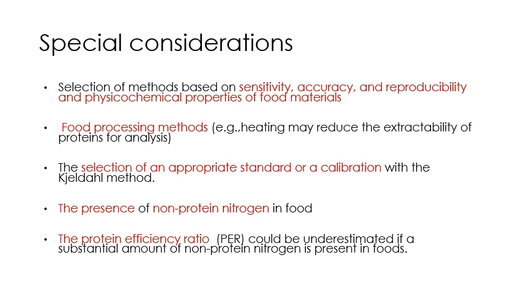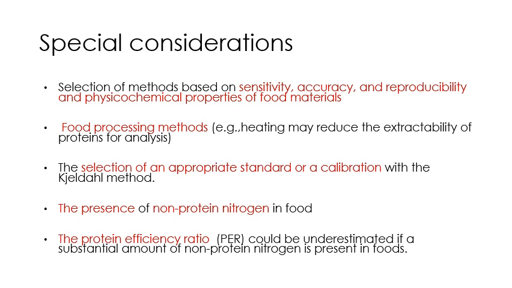There are also some special considerations when it comes to protein analysis. The selection of methods should be based on sensitivity, accuracy, and reproducibility, as well as physicochemical properties of the food material. Food processing methods may reduce the extractability of protein for analysis because of increased aggregation of proteins.